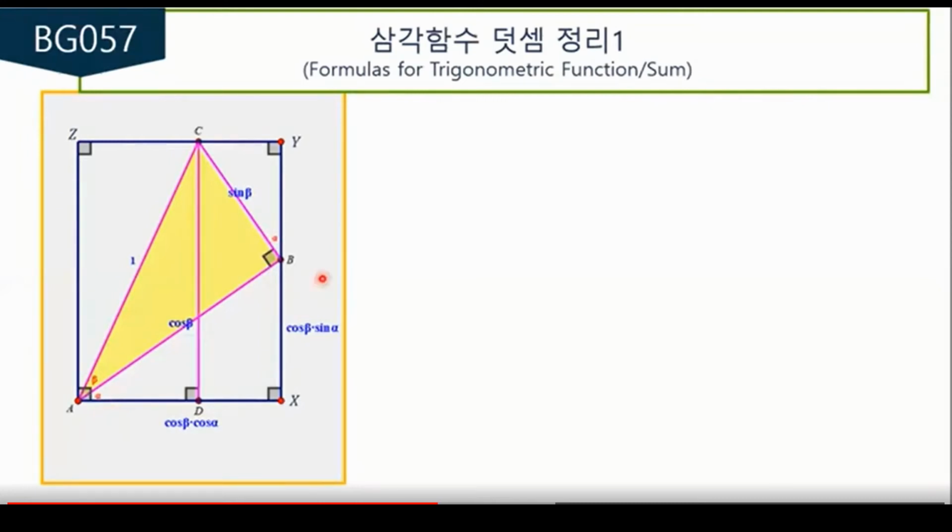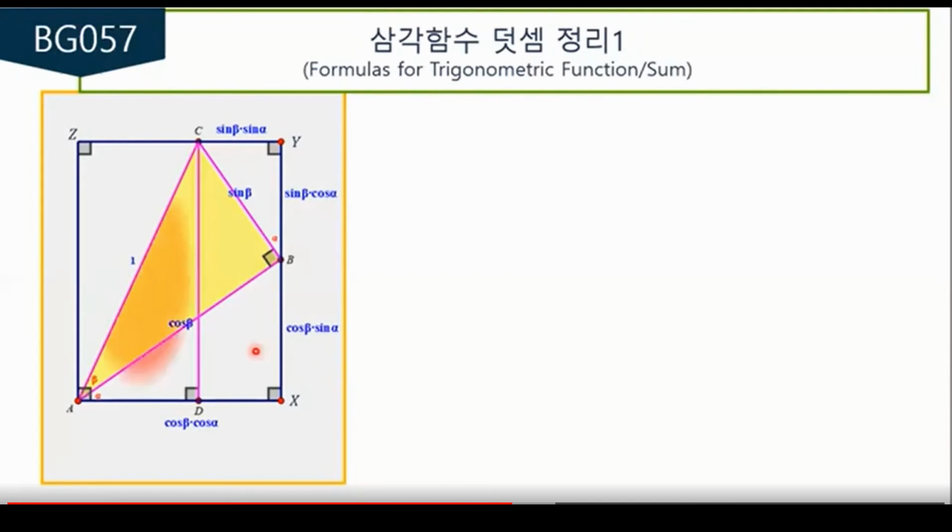That means we use sine alpha and cosine alpha in this other new right triangle, CYB, right? And the hypotenuse of this triangle would be sine beta. So this line would be sine beta times cosine alpha, and this segment would be sine beta times sine alpha, right?